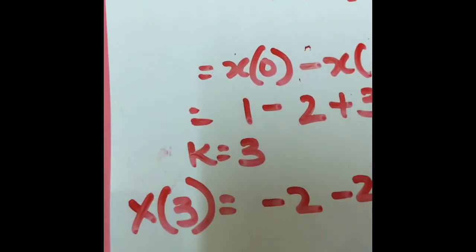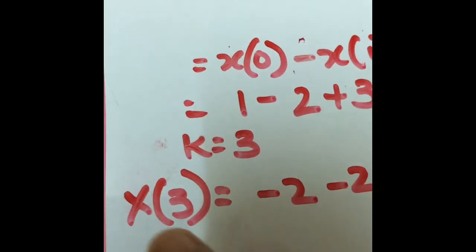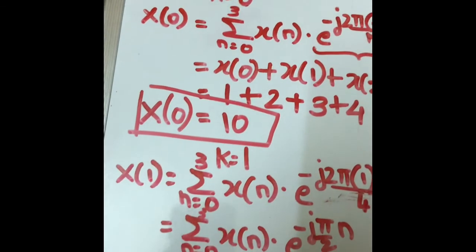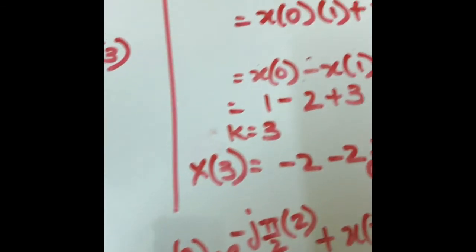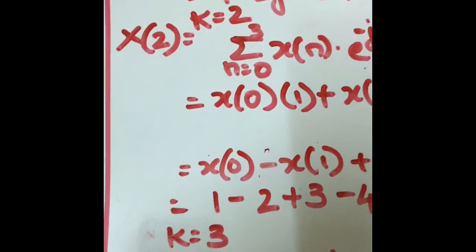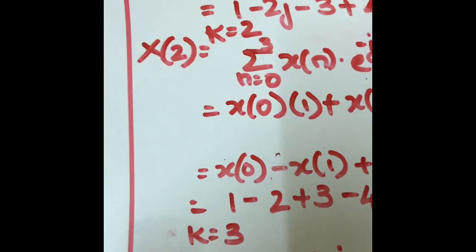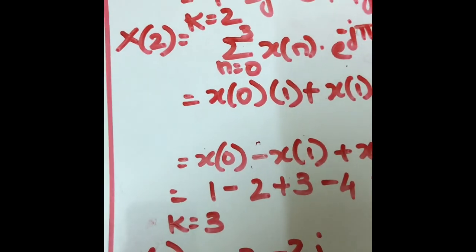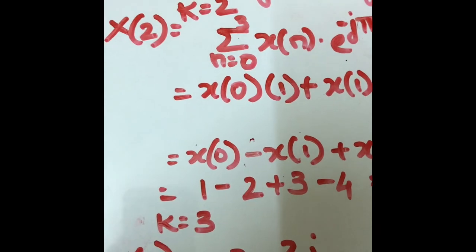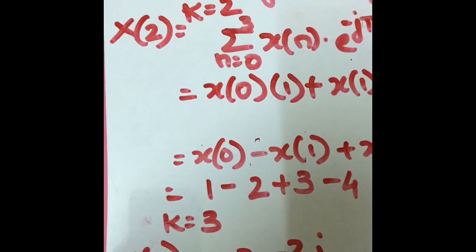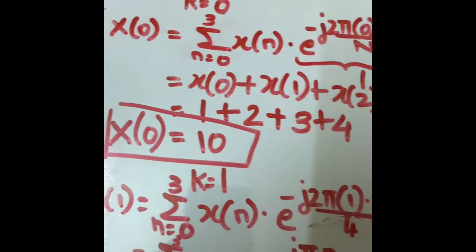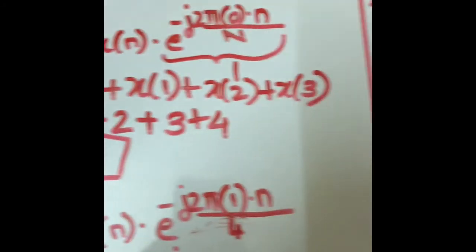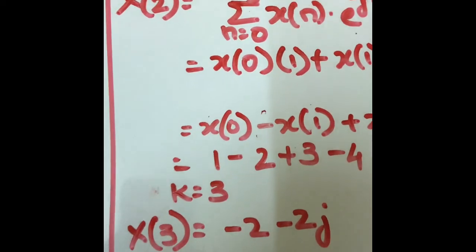Try this last one on your own, substituting the value of k is equal to 3. So this is how you evaluate a 4-point DFT. Too lengthy a process, right? So we will try to simplify this by making use of something called a twiddle factor. We will learn about the twiddle factor in our next lecture. Till then, please try to solve this whole problem on your own.